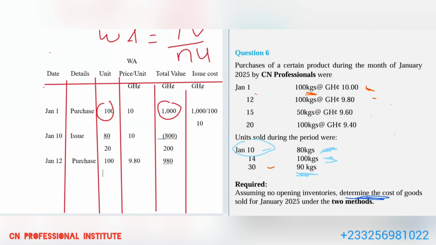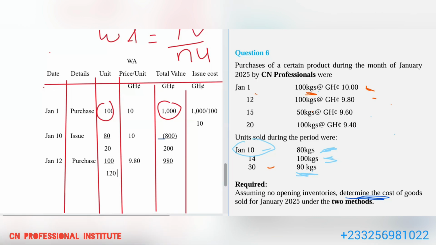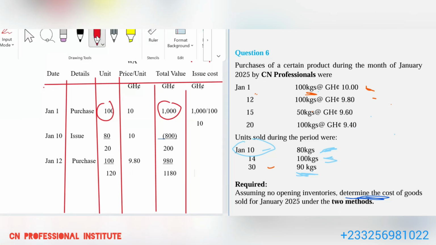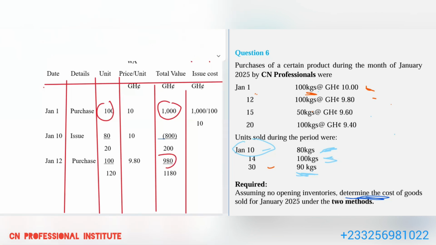And then here we have what? 120 units. So here we have 120 units. And here, if you sum the 200 plus 980, you have 1180, right?